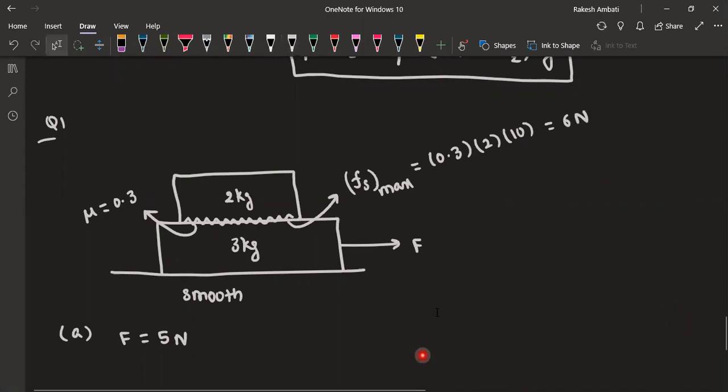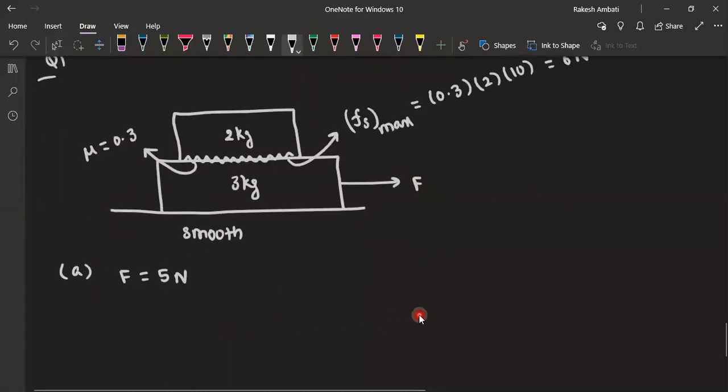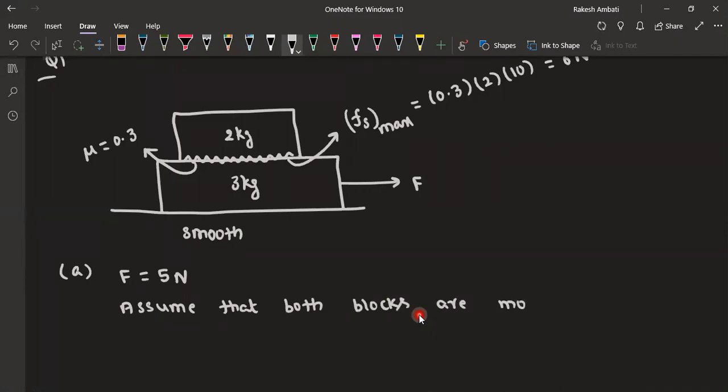So in the first question, it is given that the applied force is 5 Newton. So always we have to assume that both blocks are moving together with a common acceleration. That is the first assumption we always have to make.